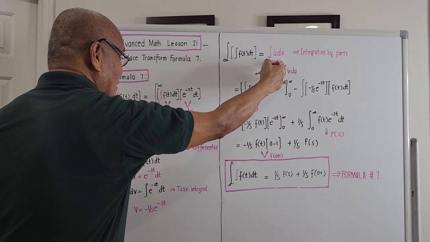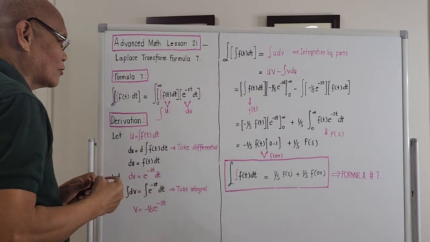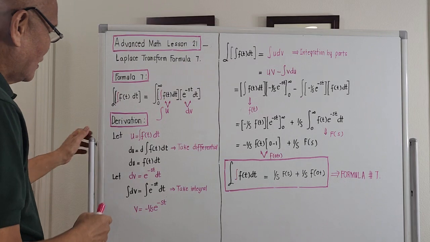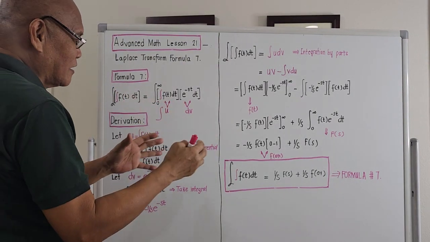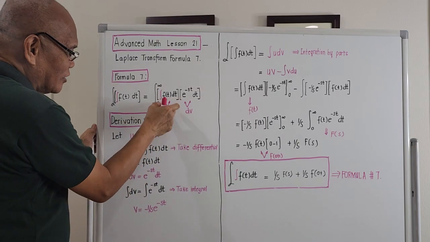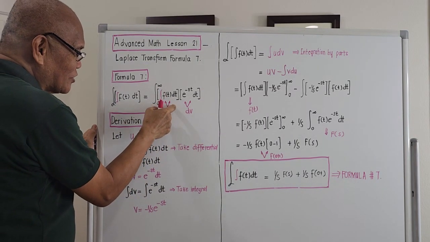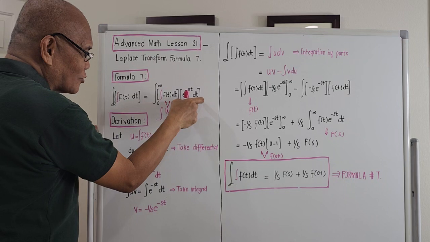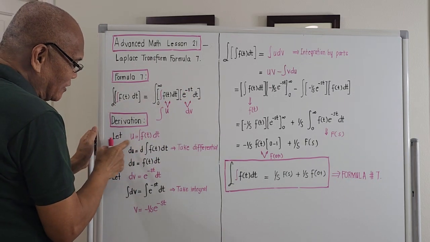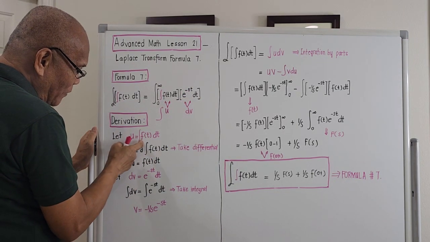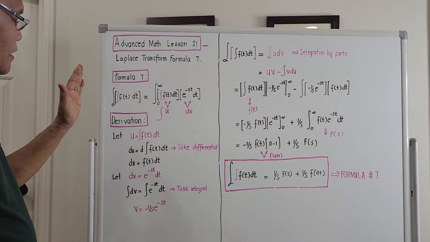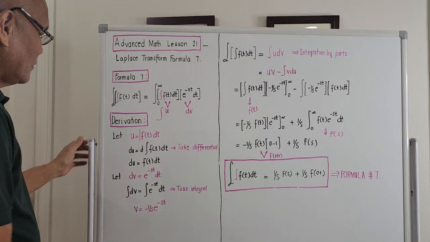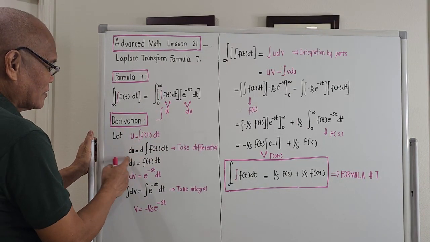So actually, this falls under the integral of u dv. Let's try to bring out the value of u. An intellectual guess is that the value of u will be this one, so we let u equal the integral of function of t dt. Let's compute du, taking the differential of both sides.